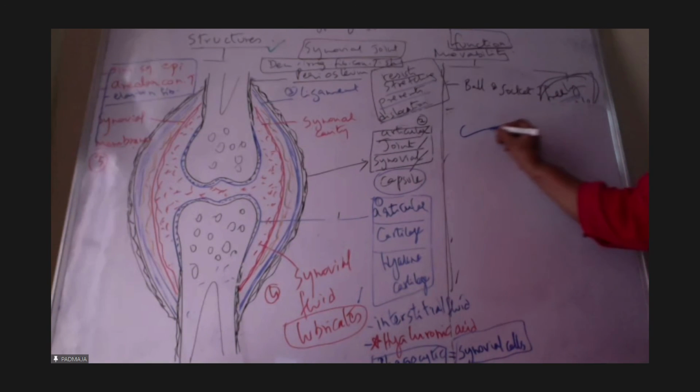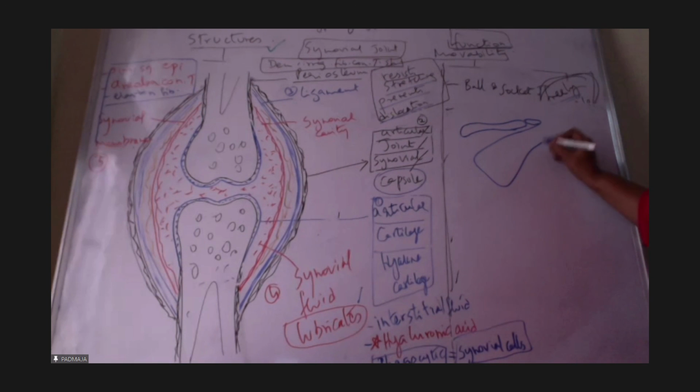These are the clavicles here, attached to the acromion process of the scapula, if you remember. The scapula forward gives the coracoid process. And here, what is the cavity? Glenoid. Yes, it is the socket. And what is the ball fixed here?